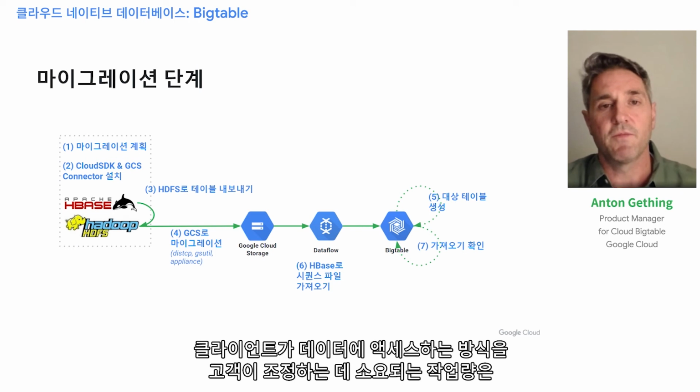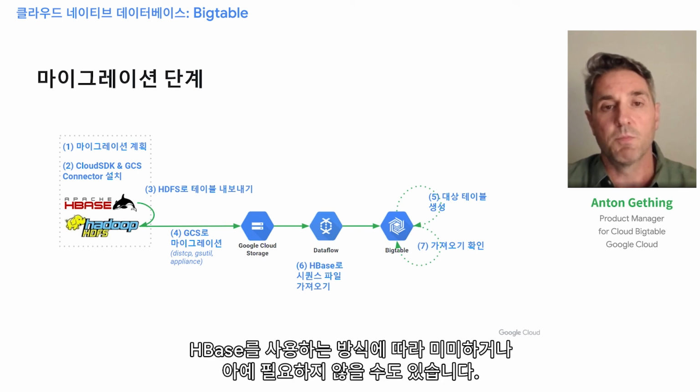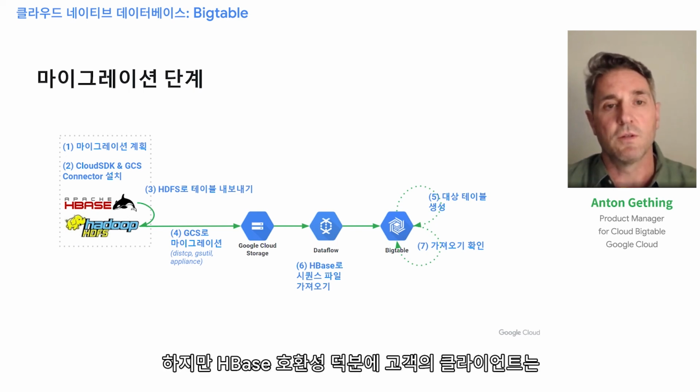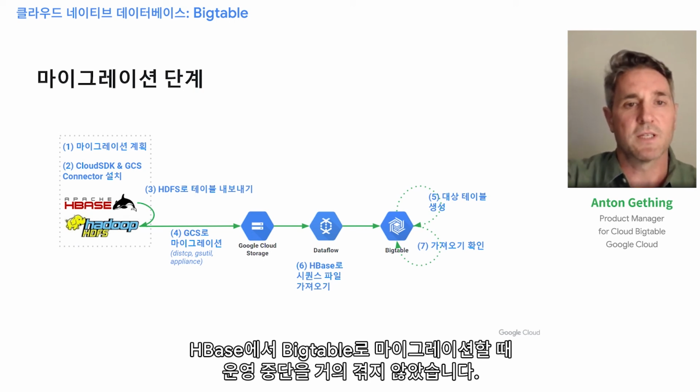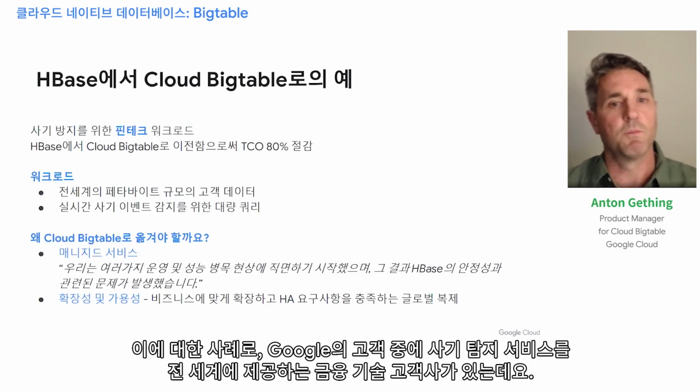The amount of effort from the customer to adjust their clients accessing the data is either negligible or none, depending on how they are using HBase. But due to the HBase compatibility, customers have experienced very little disruption to their clients as they moved from HBase to Bigtable.